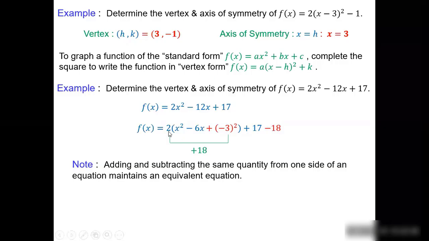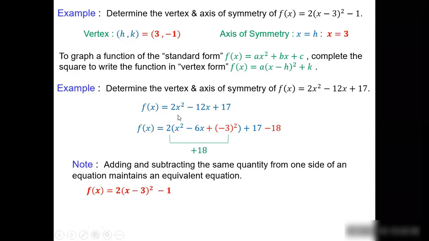We now can keep that 2 on the outside. And if I factor x squared minus 6x plus 9, that factors into (x minus 3) times (x minus 3), or in other words, (x minus 3) quantity squared. And now we can see that positive 17 minus the extra 18 is giving us -1.